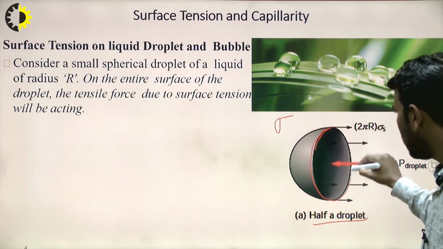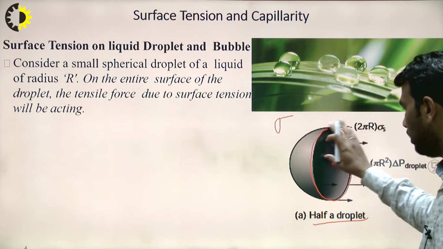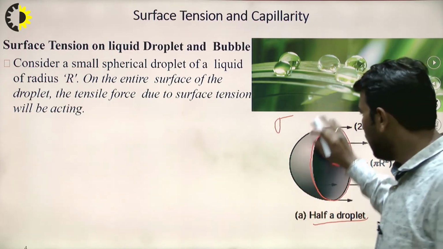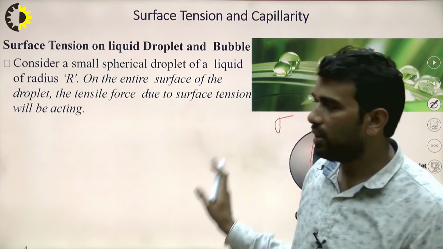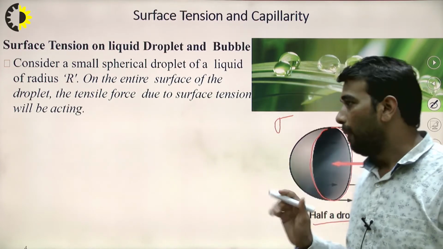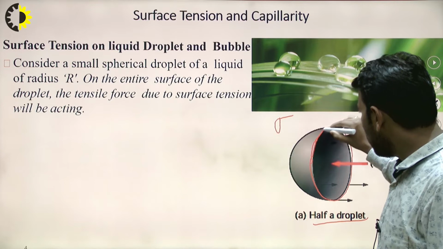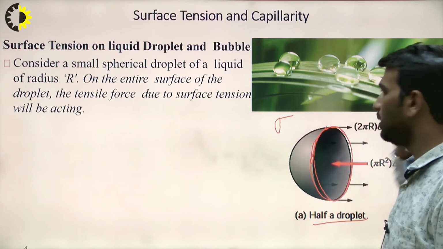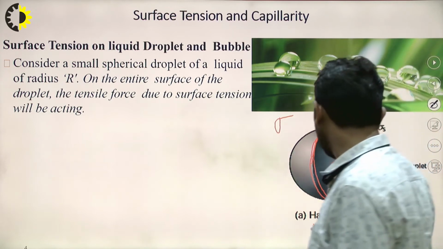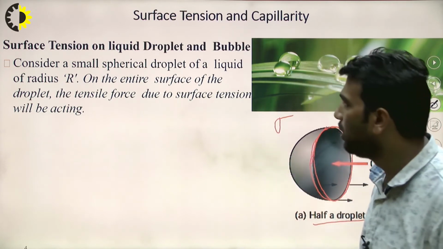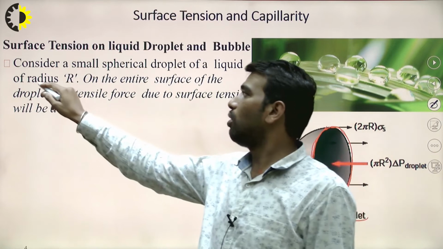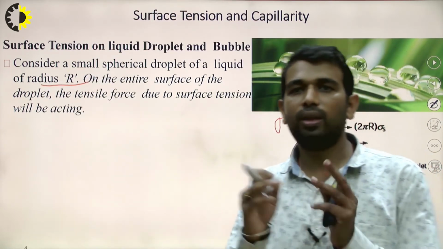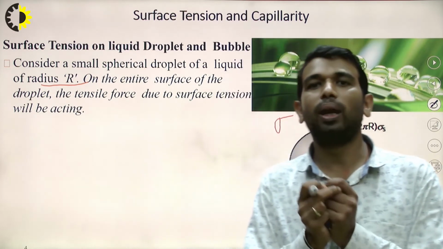Inside the droplet, it is completely filled with the same liquid, and outside it is air. The complete exposed surface length is the circumference of this particular droplet. Let's choose the radius of this droplet as capital R. The circumferential length of this droplet is 2 pi r.